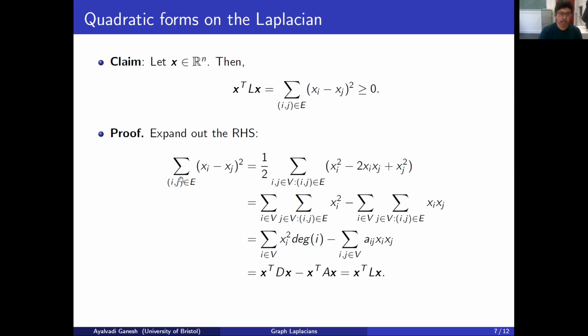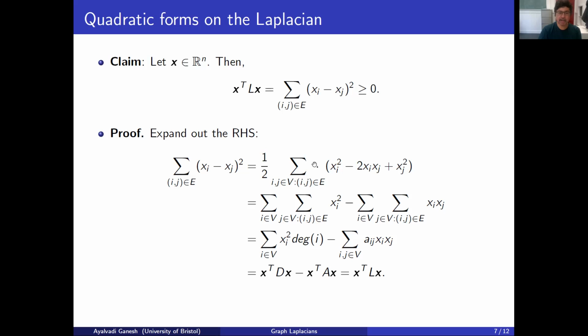When I write the sum over ij in E, what I mean is that I count each edge once in this sum. When I say count pairs of vertices such that they form an edge, then I'm counting each edge twice, once as ij and once as ji. And that's why I have this half here. And then I've just expanded out the square.